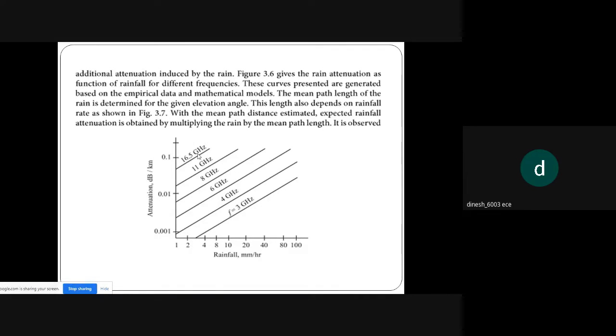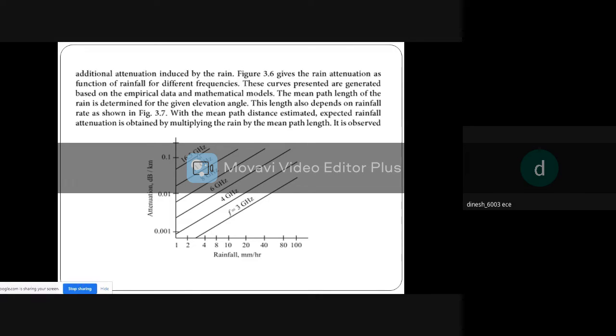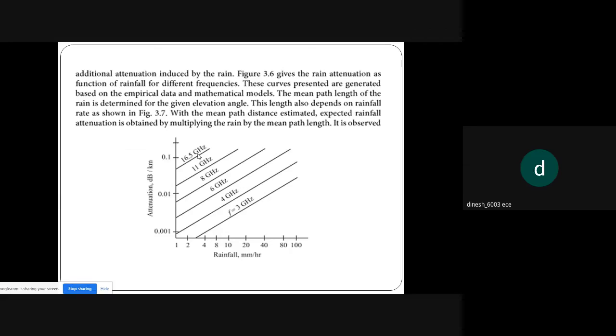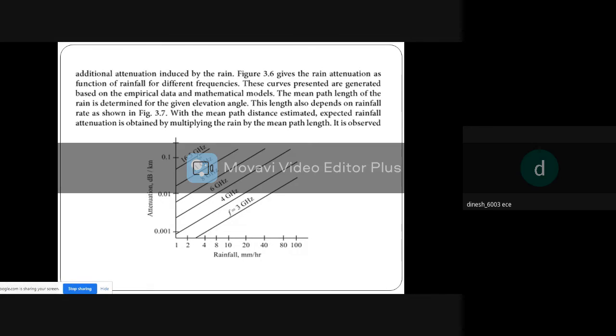If operating at a frequency of 3 gigahertz, if the rainfall is 3 millimeter per hour, for every hour there is a fall of 3 millimeter of rain on the earth, we get attenuation of about 0.001 decibels per kilometer. For every kilometer, 0.001 decibels.